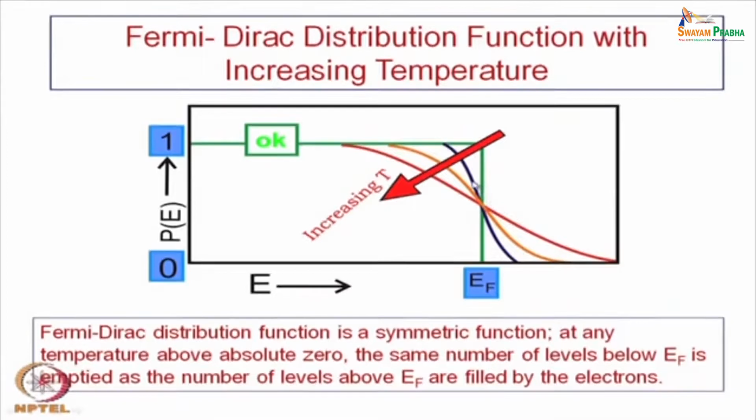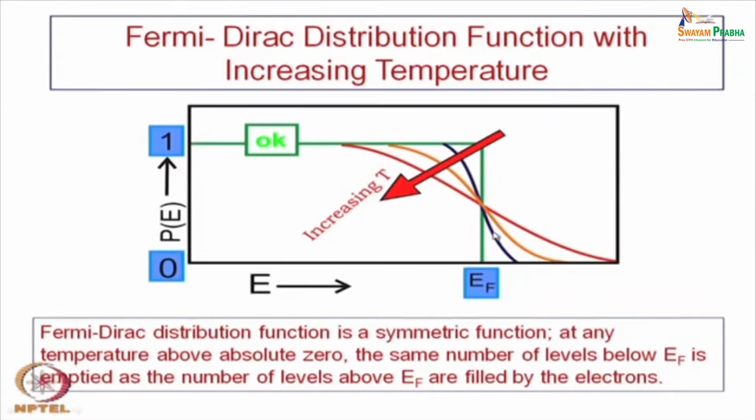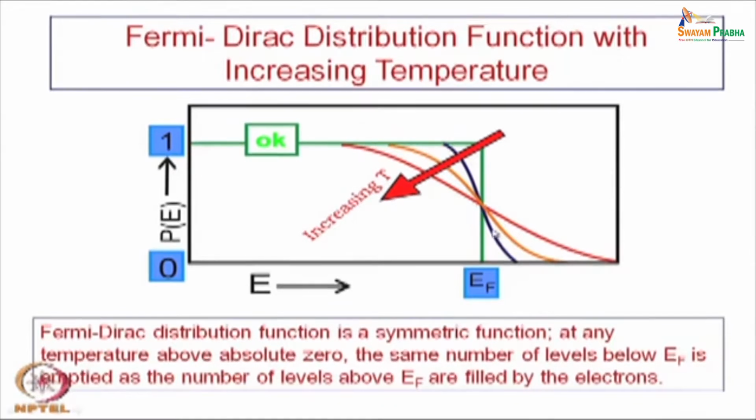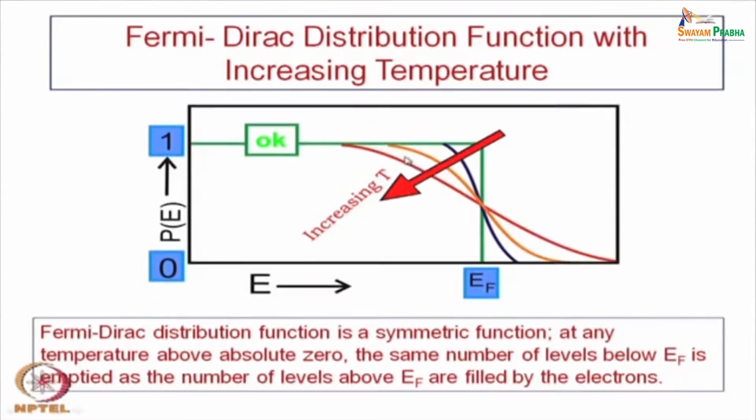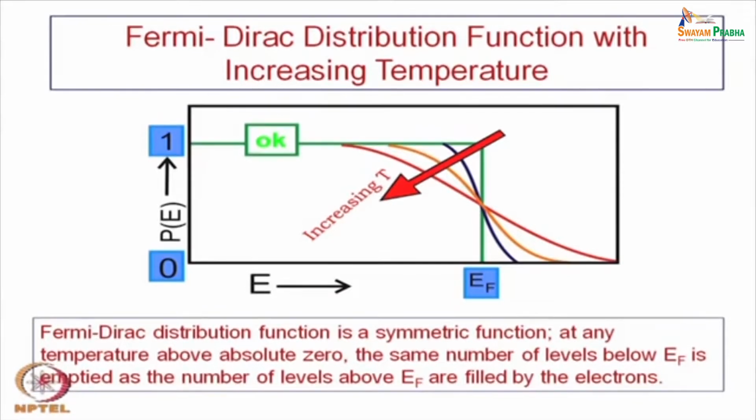This area bound by this curve, and this area bound by this lower portion of the curve, should be equal. So this area and this area must be equal. Similarly for other curves also. So exactly the same number of electrons which leave the lower energy level go to the higher energy level. So the total number is conserved.